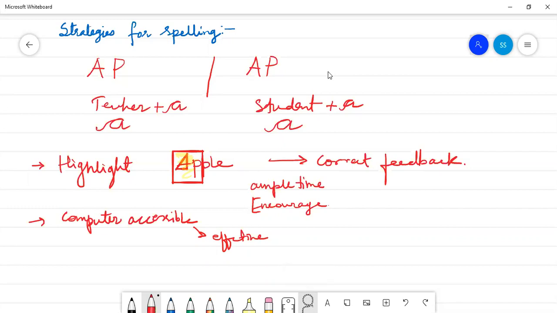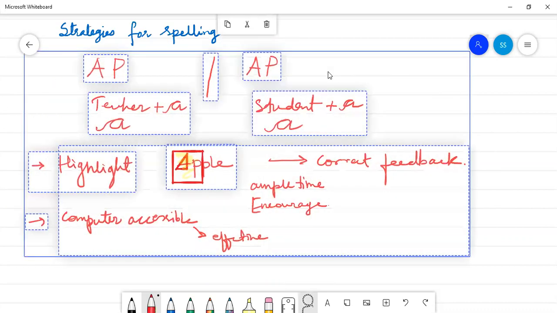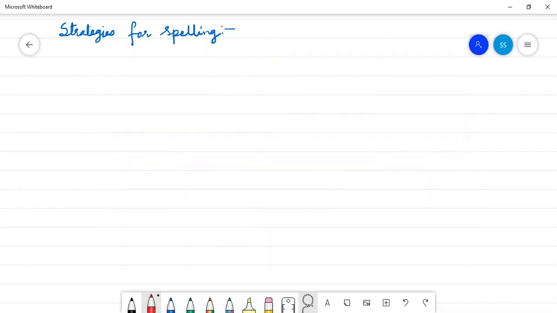Now let us see a few other strategies which will help to teach spelling to children with learning disability. Now, what are the other strategies? Make sure that you develop phonemic awareness.